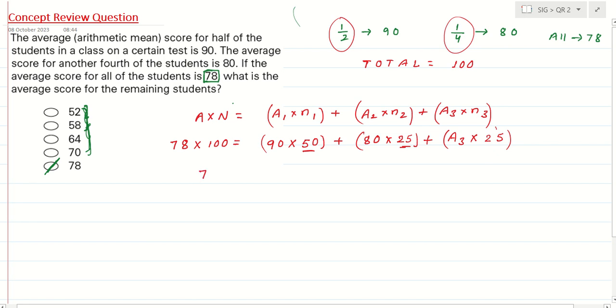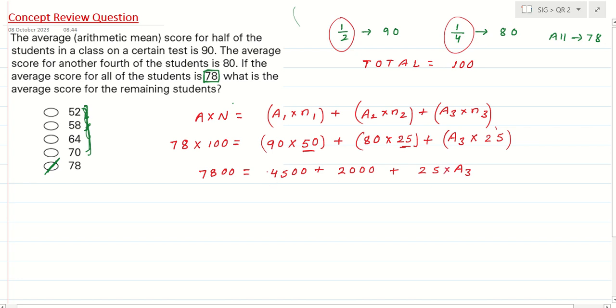Get the value of it. So how much will we get? 7800 equals 4500 here plus how much will we get? 80 into 25, 2000, no? 2000 plus 25 into A3. Correct.